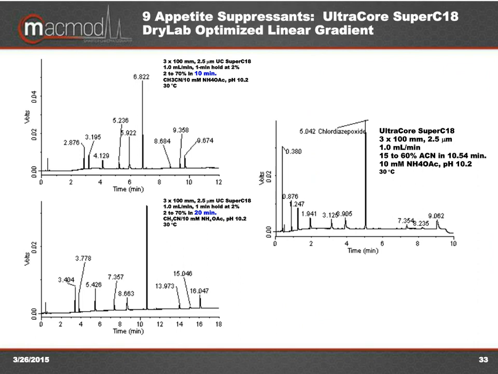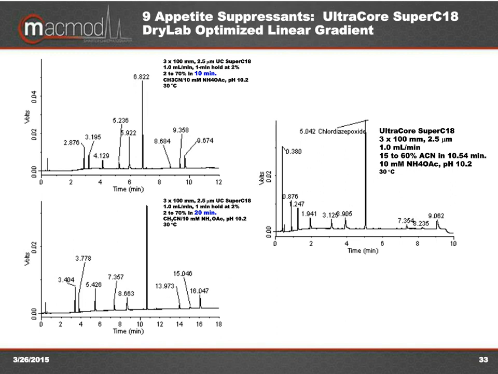Nonetheless, you can do optimization on one of those conditions that you like the most. In this case, I'm showing some examples of two gradient runs from 2 to 70% in 10 minutes in the upper left trace and in 20 minutes in the bottom left trace.